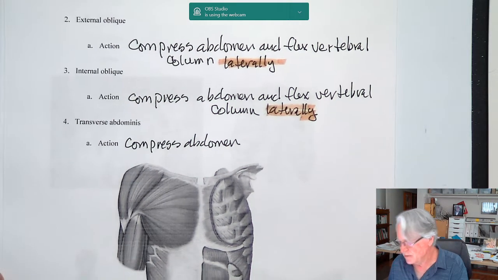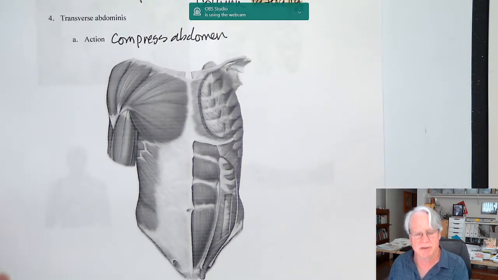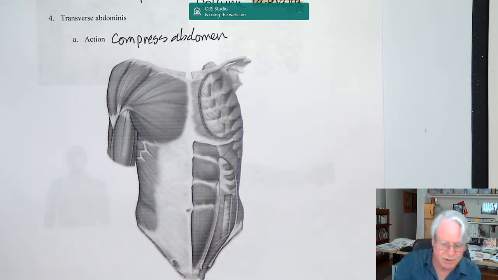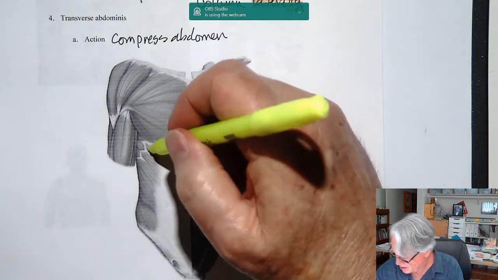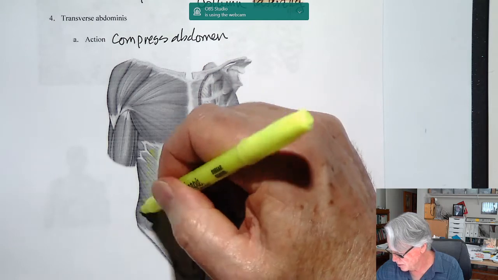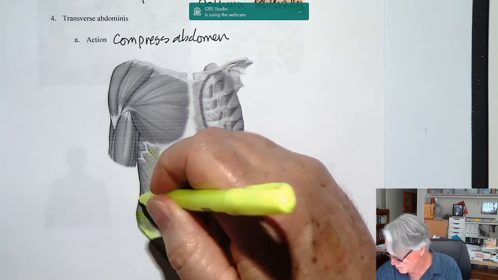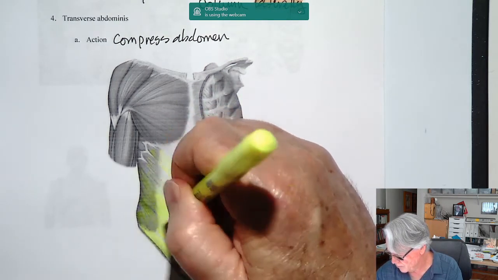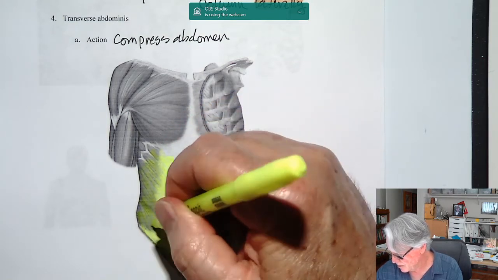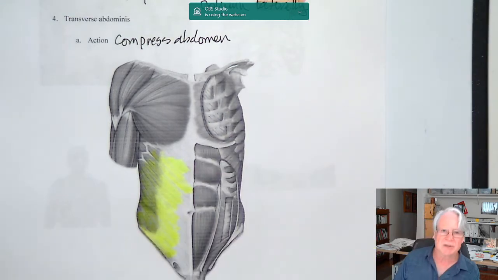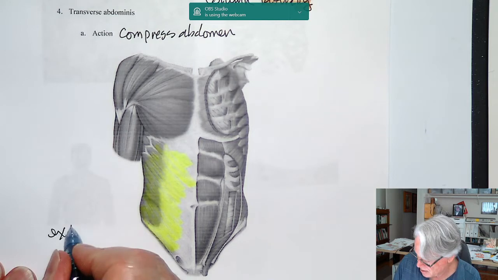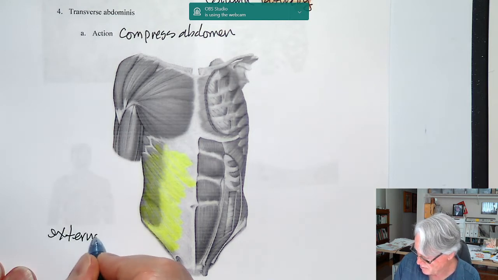And let's go ahead and find them. So here, the external, let's do that in yellow. This is the outside, and you can see it's got this oblique orientation, like this. So that's my external. Let's just go ahead and label that in this case.